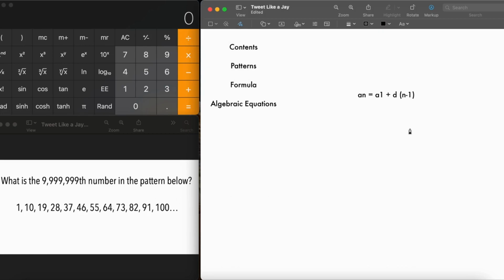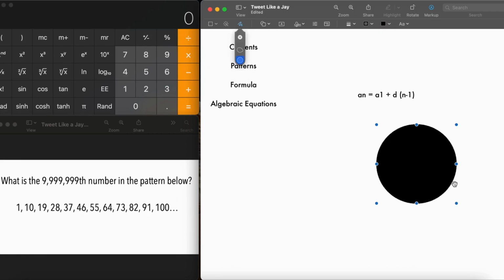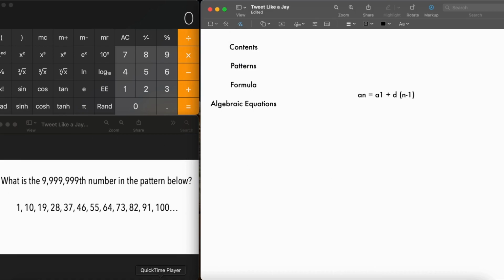And A_1 is basically the starting number, so it's 1.